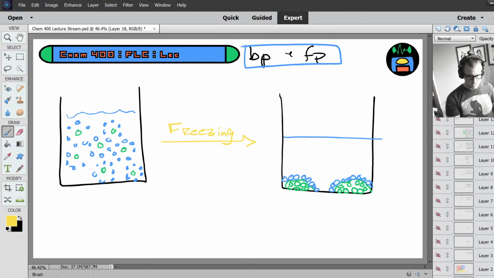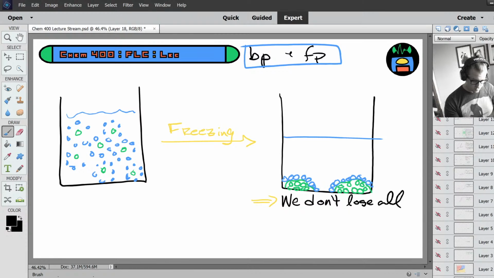So when you freeze, we don't lose all solvent-solute interactions, but we lose most of them.